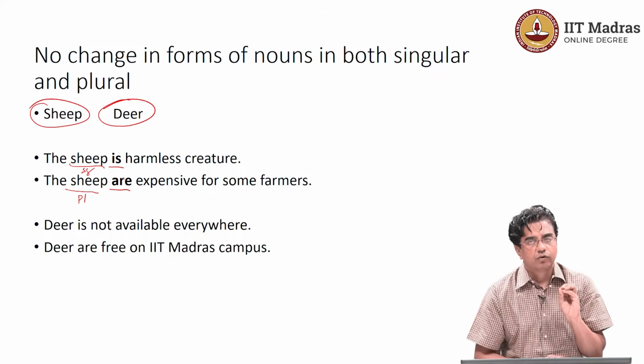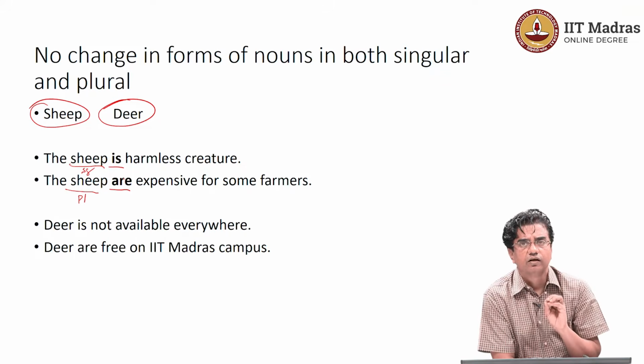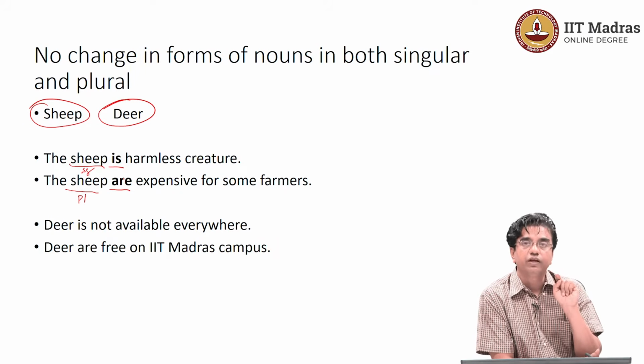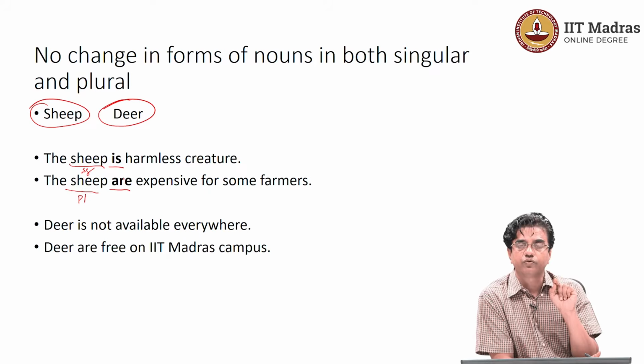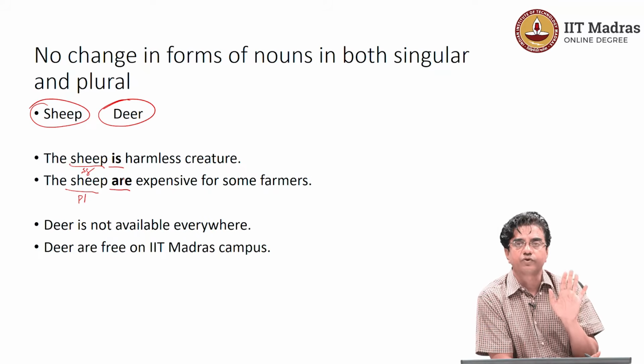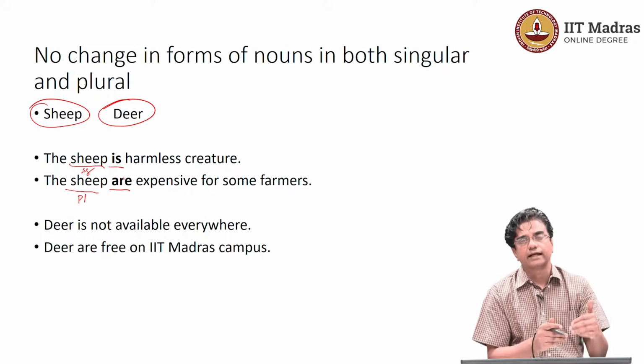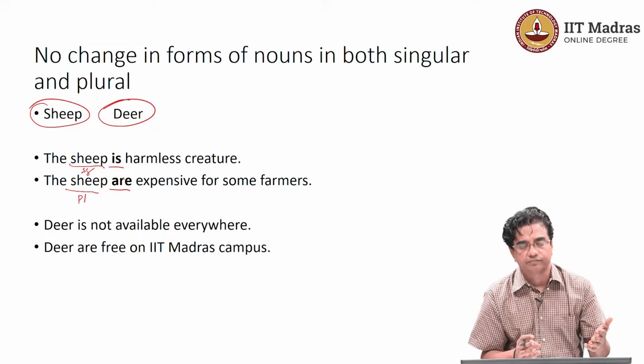So, again what is going on here? This is not an exception. In our cognitive process, in the subconscious, we need to be clear that this time I am talking about one, and in the plural context I am talking about many, hence we select the agreement marking accordingly.